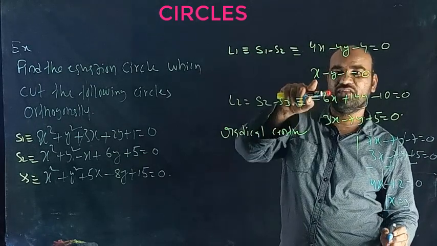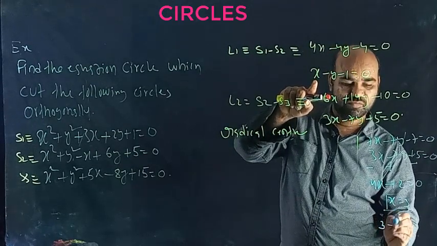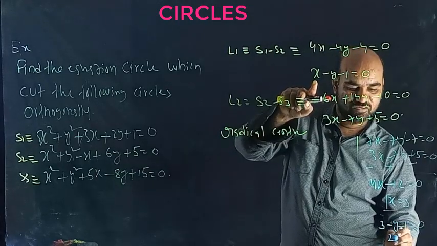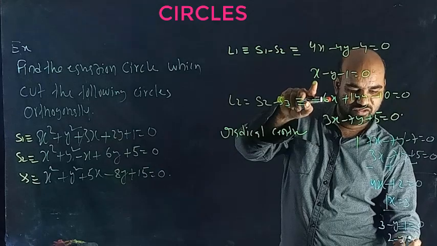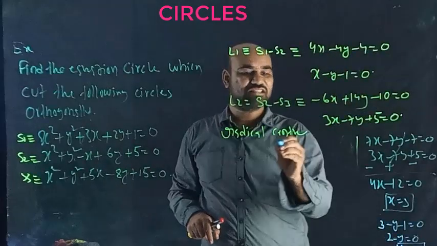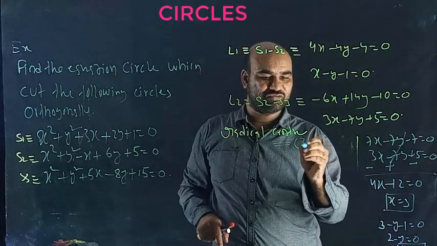Substitute this x value into any one of the equations: 3 minus y minus 1 equal to 0, so 2 minus y equal to 0, y equal to 2. So the radical center is 3 comma 2.